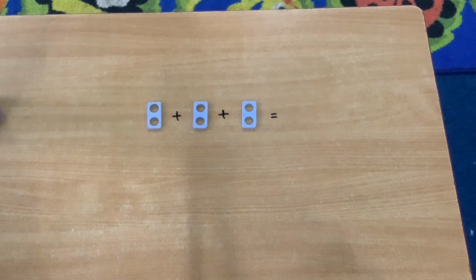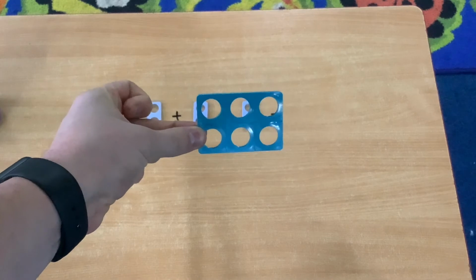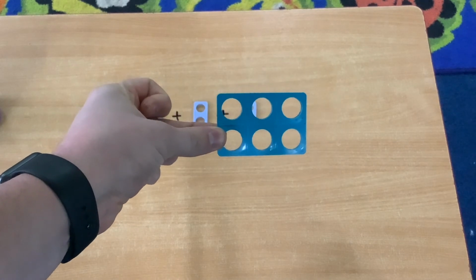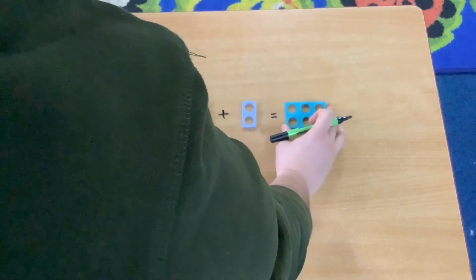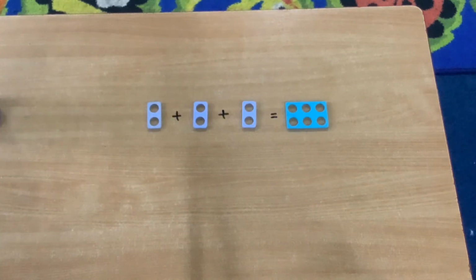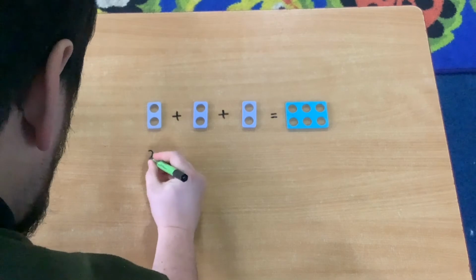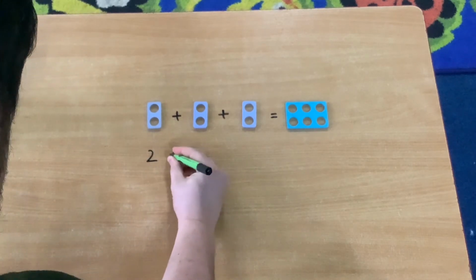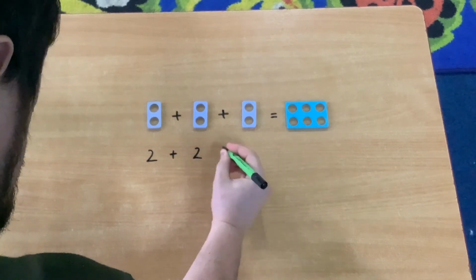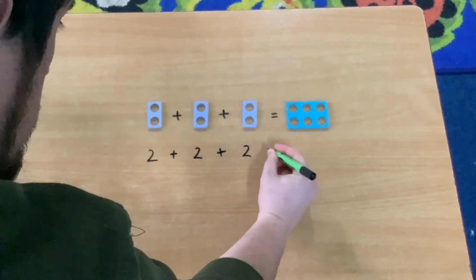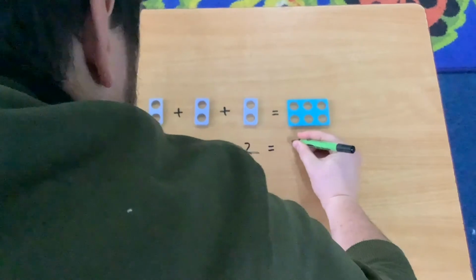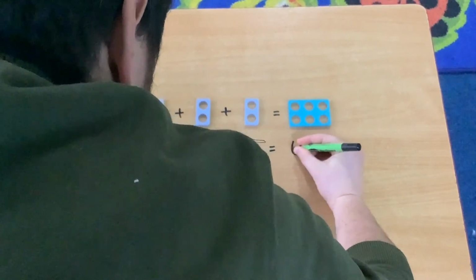Do you think I could put this piece of pneumacon on? How many is this worth? Let's have a look, shall we? So 2 plus 2 plus 2 equals 6.